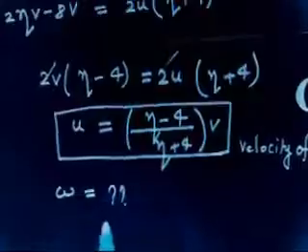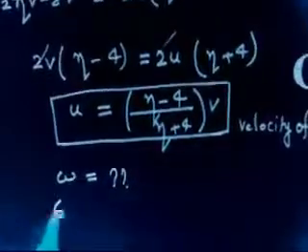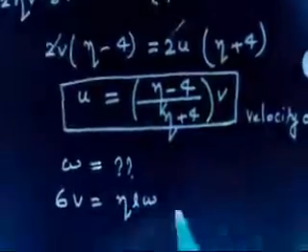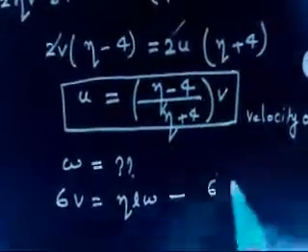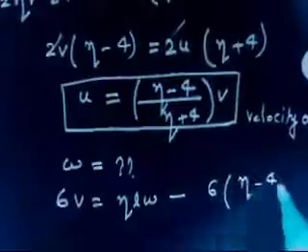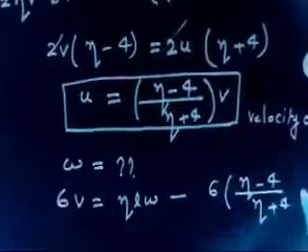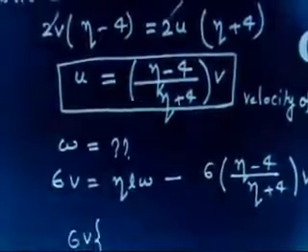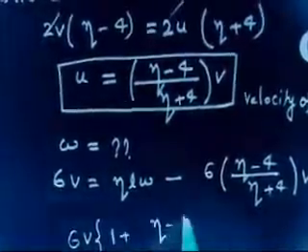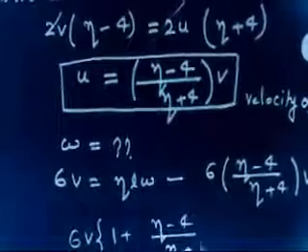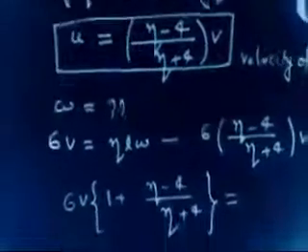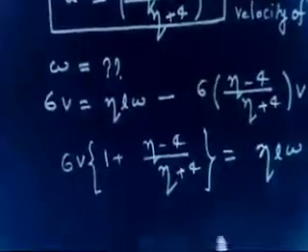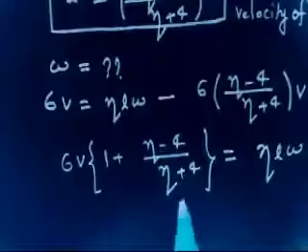So you have the second equation, that is 6v equals eta L omega minus 6u. So 6u will be 6 times u, I know, (eta minus 4) divided by (eta plus 4) into v. So this comes this side, so I can take 6v common. So this will be 1 plus (eta minus 4) divided by (eta plus 4) equals eta L omega over 6. Now eta plus 4, eta minus 4, so we will have 2 eta on the top.